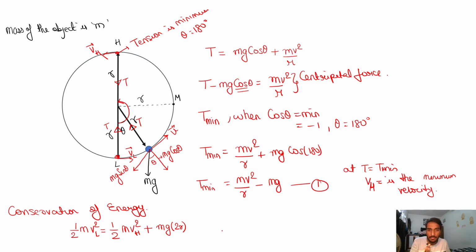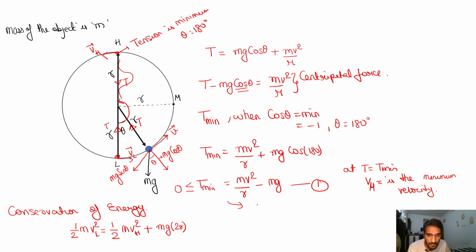VH will be valid only when this term is greater than or equal to 0, right? Only if this term is greater than or equal to 0 will we get full rotation without any slack. From this equation we can clearly see that only if this tension is greater than or equal to 0 is the particle rotating. Otherwise the particle will not rotate and will get a slack in the string like this, right?